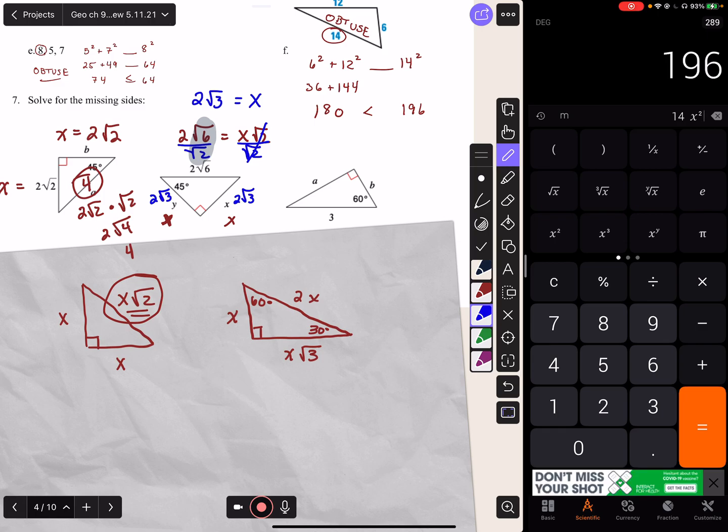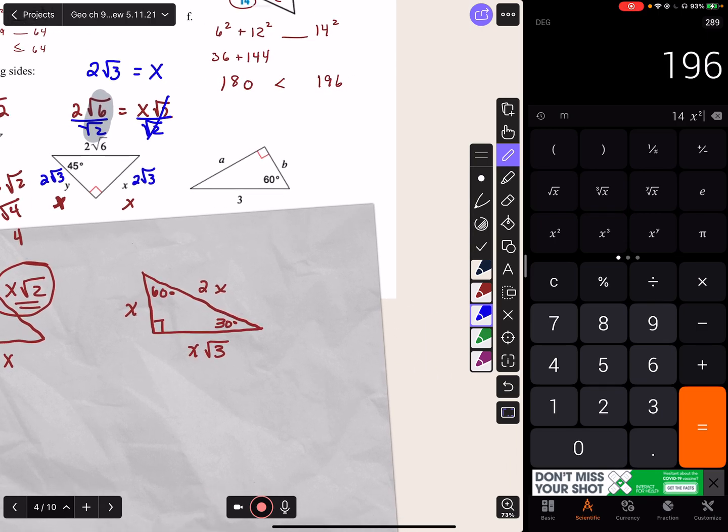And the last one in this group, this is a 30, 60, 90. Remember, across from the 30, we just mark that as our x. So we're going to use our own labels and call this x. The hypotenuse is 2x, and the longer leg is x root 3. So we've got a little equation right here. Let's go ahead and figure out what x is.